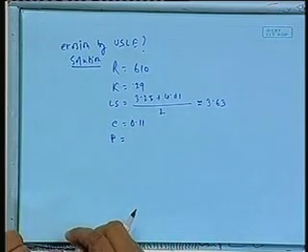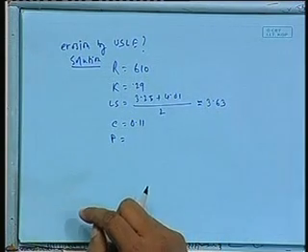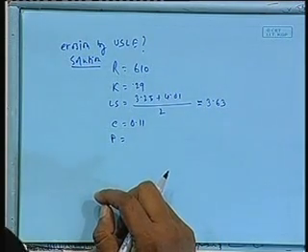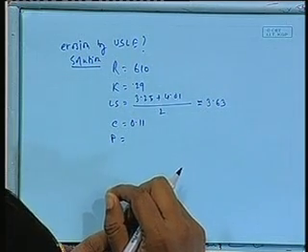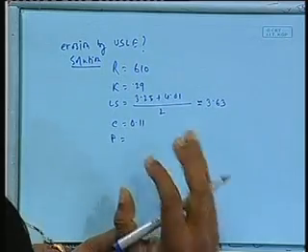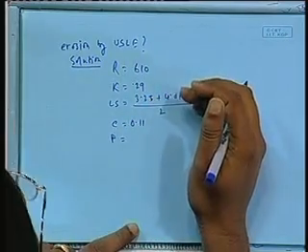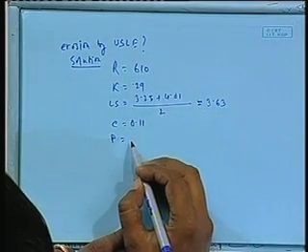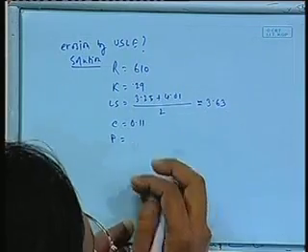The next is P. We said that certain kind of mechanical soil erosion control measures have been taken for this slope, which we have said is about 15% slope.